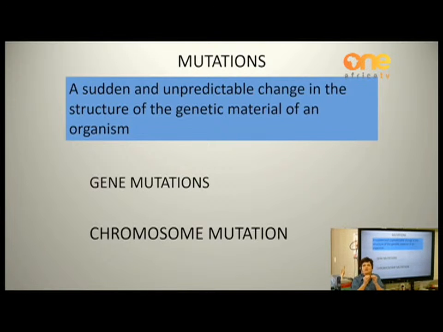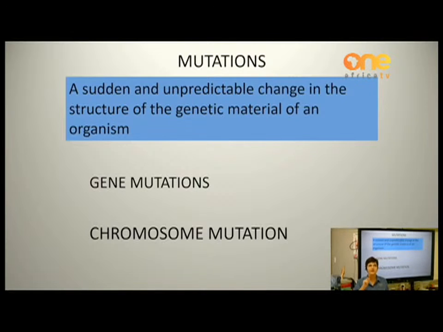Now, when the gene changes, the order of the bases changes in a gene, and the recipe outcome of that protein will be wrong or different. The one mutation that we talked about was cystic fibrosis. You remember that gene that makes the mucus watery and not too sticky. If it's a faulty gene, it's a sticky mucus and prevents the uptake of oxygen.